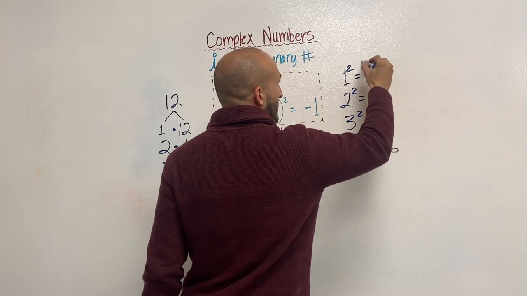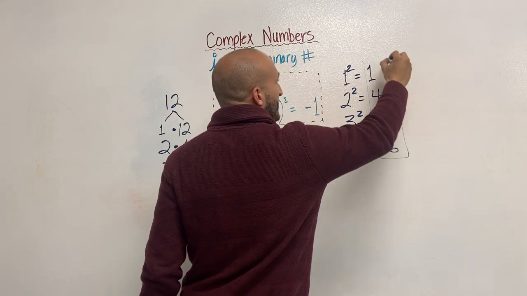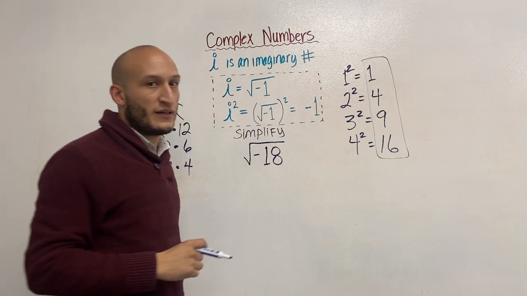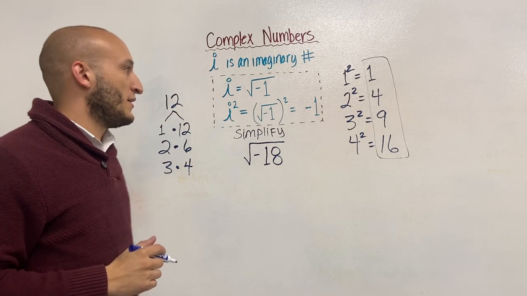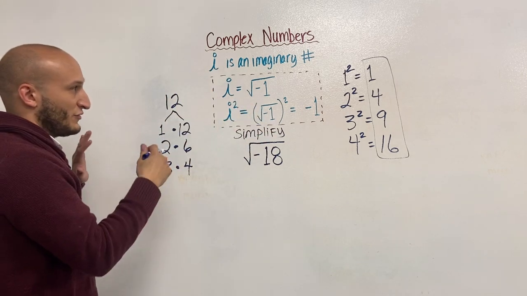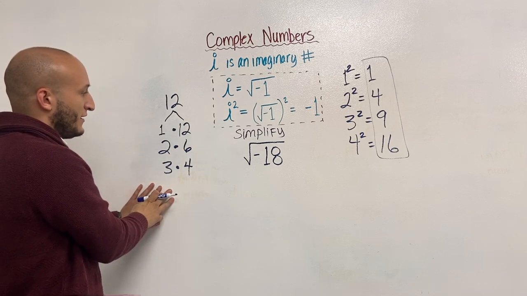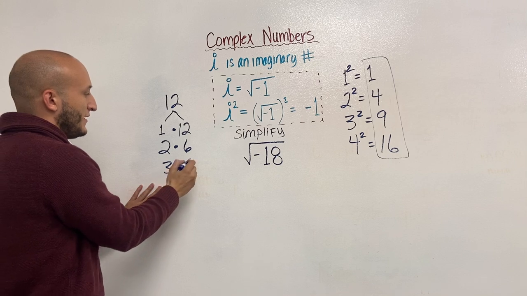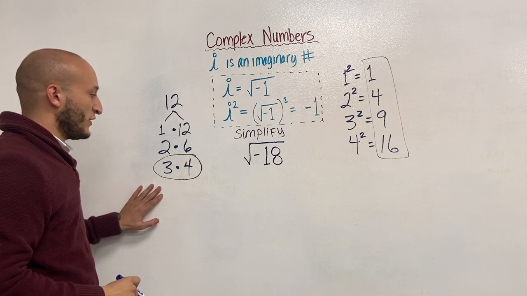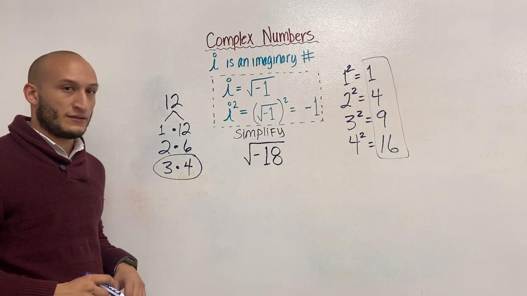So these would be perfect squares. Take a look at those numbers just from the first 4, and I notice that this pair has a perfect square, so I will be using these two factors.